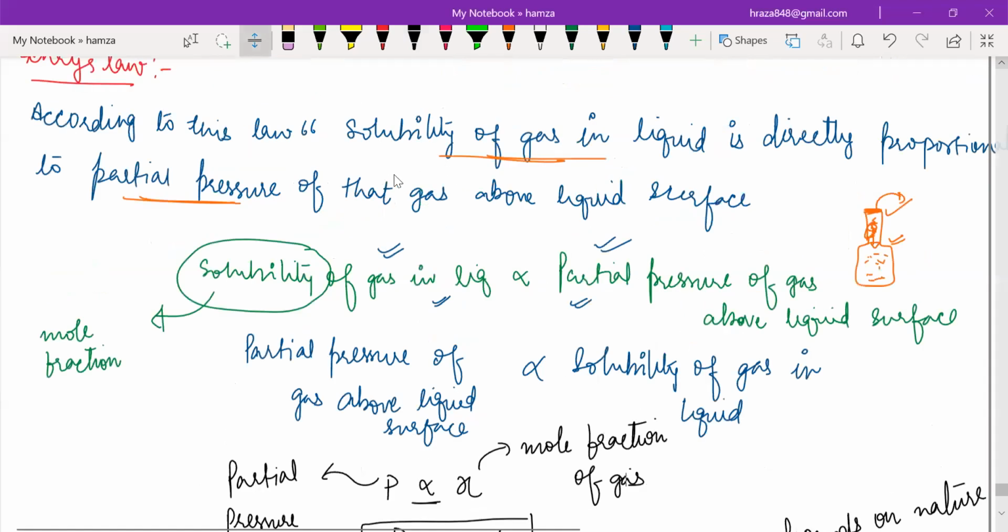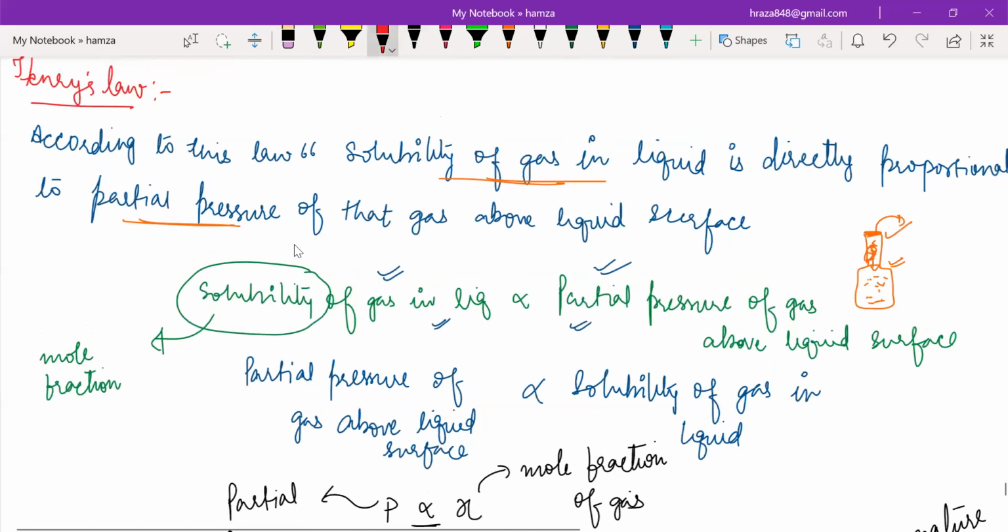Henry's law: basically, solubility of gas in liquid is directly proportional to the partial pressure of that gas above the liquid surface. Let's take the example of a cold drink bottle. This is liquid, and between this point and the liquid, there is gas filled in it. So what Henry says is that the solubility of this gas will be directly proportional to the partial pressure of this.